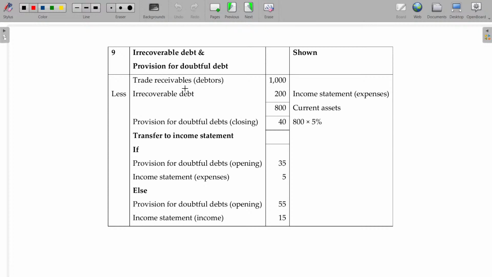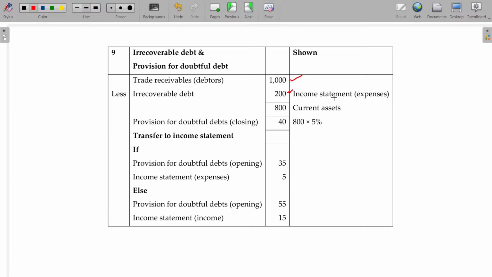Now, what is called irrecoverable debt? Irrecoverable debt is nothing but the amount recoverable from our customers for the credit sale which we cannot recover because of his financial position, he may be bankrupt. So that amount is our loss, and should be subtracted from the overall amount recoverable from various debtors or trade receivables.